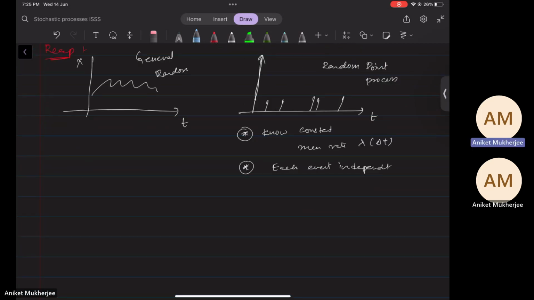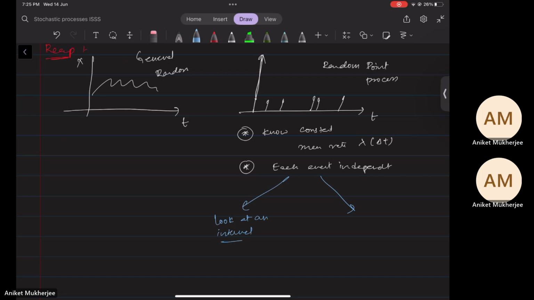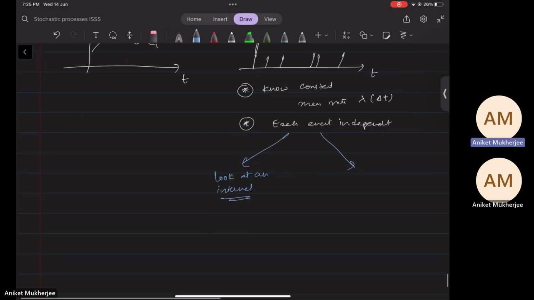Now we can formulate this by looking at an interval and finding the distribution for the interval. So look at an interval and count how many events have occurred. So basically the number of events that have occurred follows a Poisson distribution.